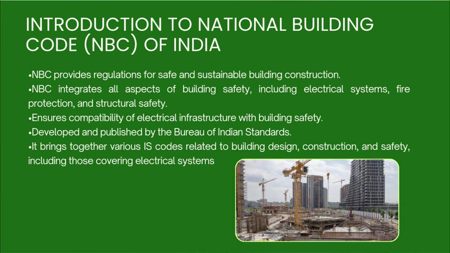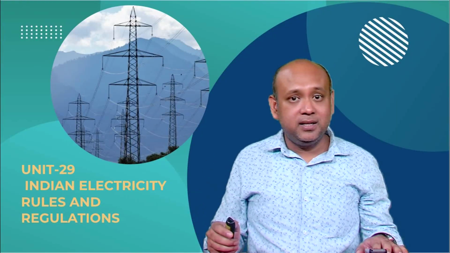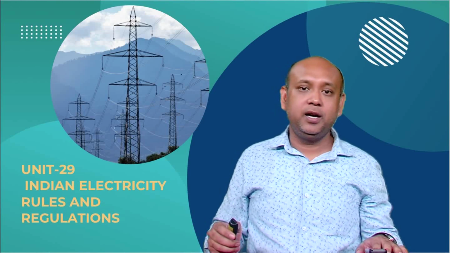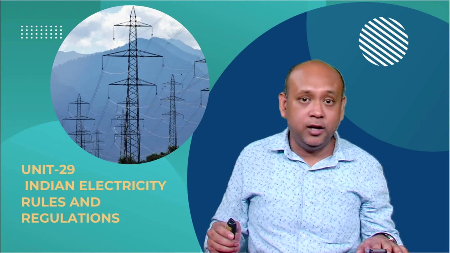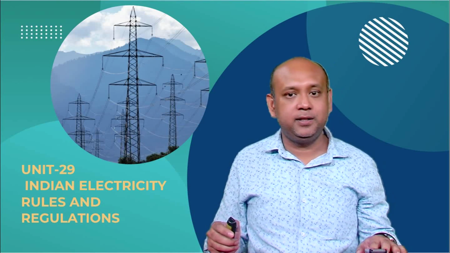So the NBC is essential because most electrical wiring is done within buildings, and it's not enough to follow electrical standards alone. You must also ensure that the wiring aligns with the building safety codes, such as clearances for electrical panels, emergency lighting, and fire prevention measures. Therefore, the NBC provides a holistic framework for safe wiring in the context of overall building safety.